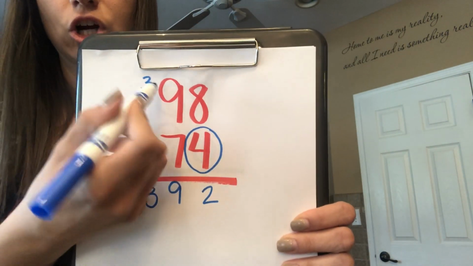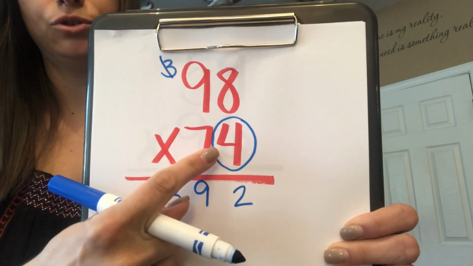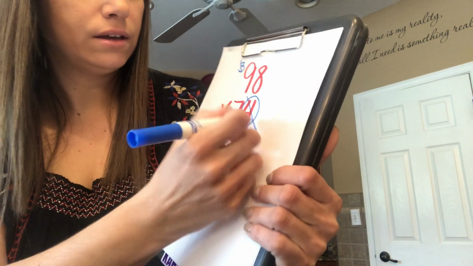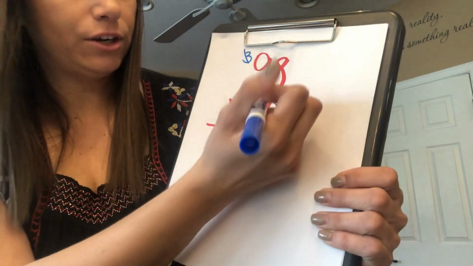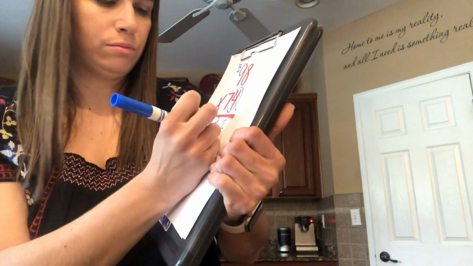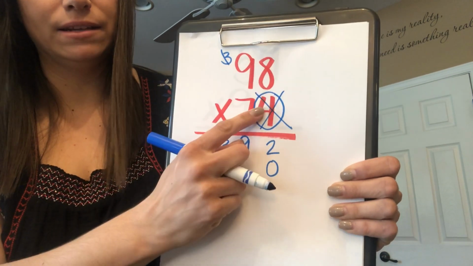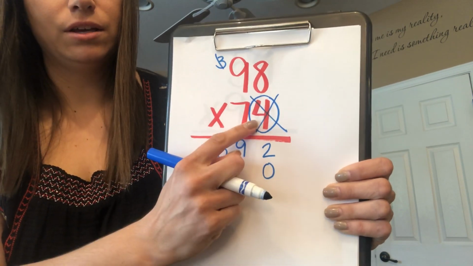I'm gonna cross off the 3 that I used, and I'm going to cross off the 4 and the 0 that I created. So I'm gonna drop down my 0 down here. So remember, that's like I'm taking 70 times 98, but instead of doing that, I can just drop down my 0. So I cross it out.